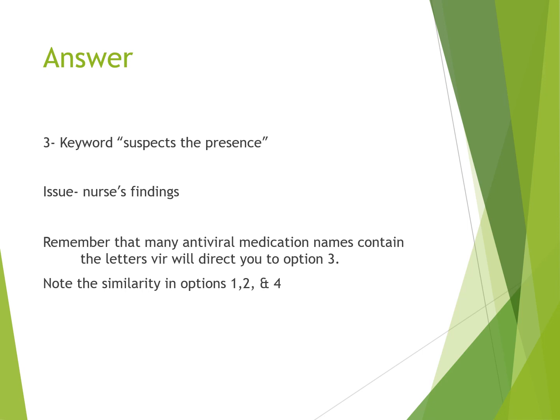So the VIR is for what? Virus. This will directly lead you to option number what? 3. So note the similarities in options 1, 2, and 4. So another test taking strategy would be the odd man out. All the other ones have GI what? GI implications, right? So again, you want to focus on the VIR. All viral medications have VIR in the name.